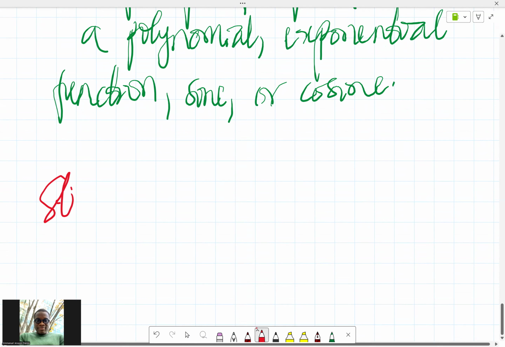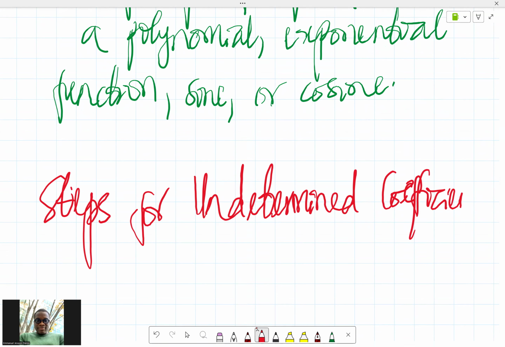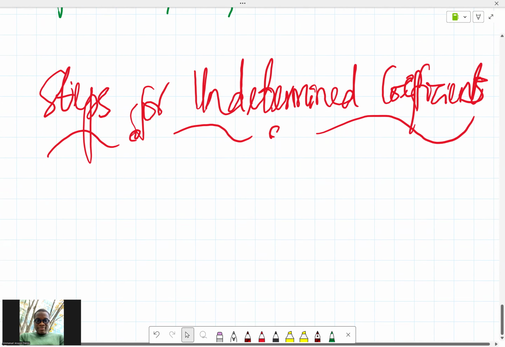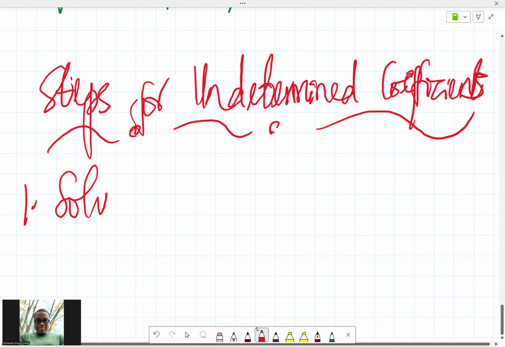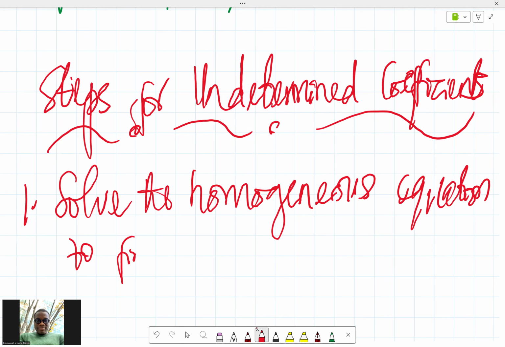So let's look at some steps for undetermined coefficients. The first step is to solve the homogeneous equation to find yc of x.